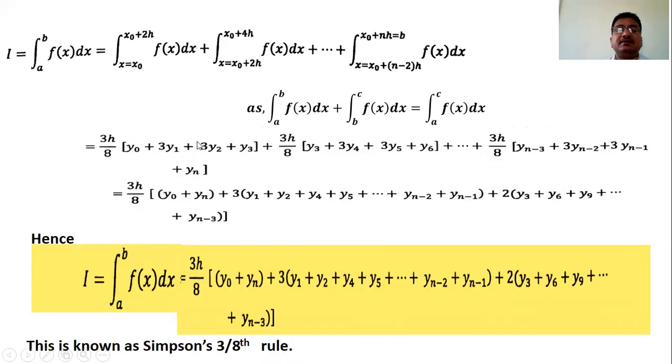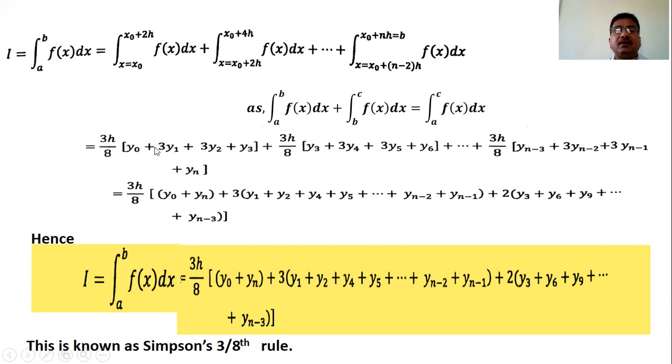And then adding, take 3h by 8 as a common factor. This y naught and yn are single terms, so in one bracket. And then 3y1, 3y2, take this 3 as common. 3y1, 3y2, then 3y4, y5. In this way, y n minus 2, y n minus 1.